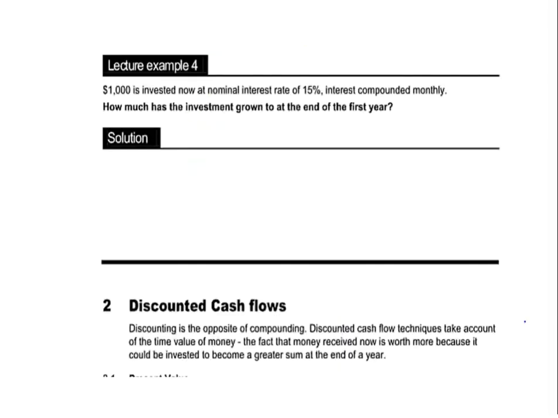In lecture example 4, we've got $1,000 invested now at a nominal interest rate of 15%. What we need to do with that nominal rate then is translate it to an APR, or an effective annual rate. And that interest is compounded monthly. So the nominal rate is 15%.